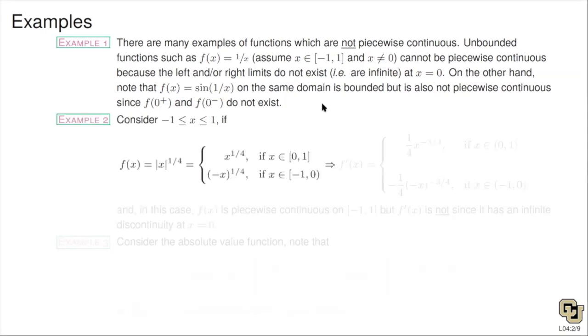Take the absolute value of x to the 1/4. First, I think it's really important to think about how we work with this function from a calculus point of view. If it's been a while, we use the definition of the absolute value. If x is greater than 0, you just replace the absolute value with just x.